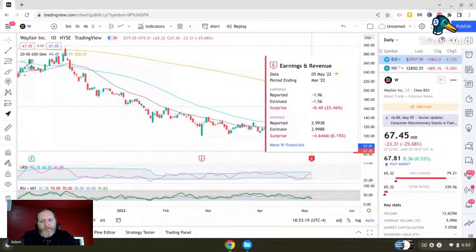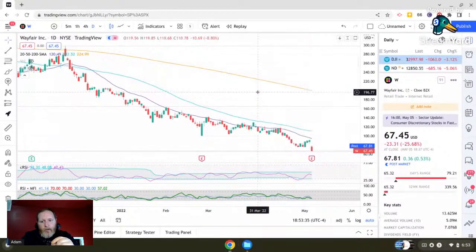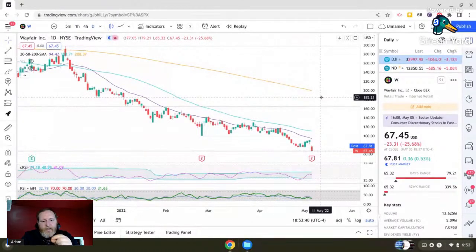Revenue also missed by $4.6 million, but that's practically flat. They brought in $2.99 billion, but did not make a profit on that revenue. So they dropped 25.7%. E-commerce is not looking good. It is not a spot to invest in at the moment.